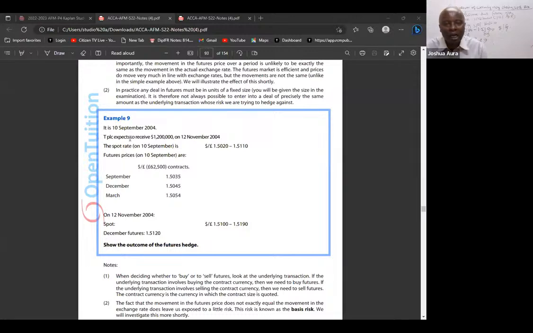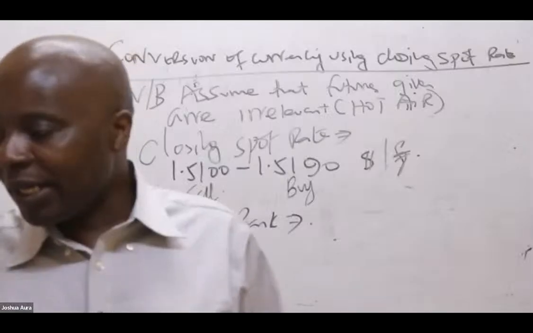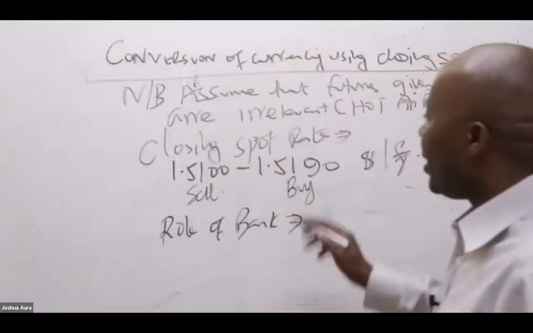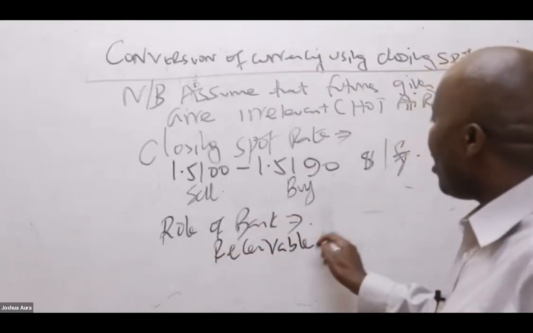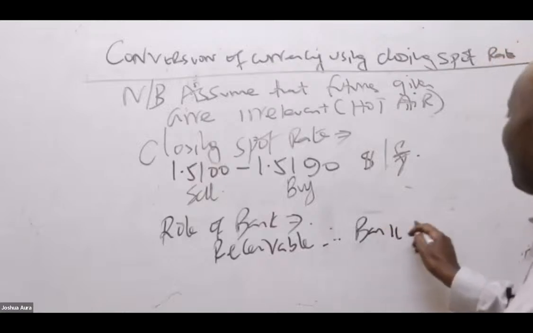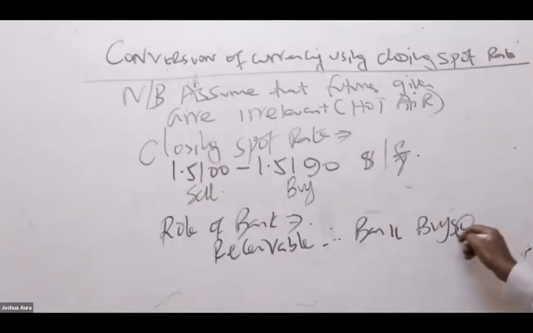Yeah, buys. Receivable, the bank buys. If I were you, I would cram. Receivable, the bank buys. Payable, bank sells. So these are receivable, so the bank buys. So if I were you, I would come in and write receivable. Therefore, bank buys.